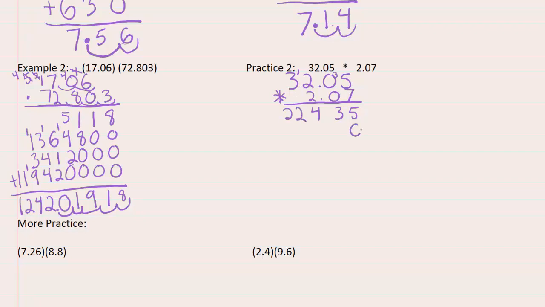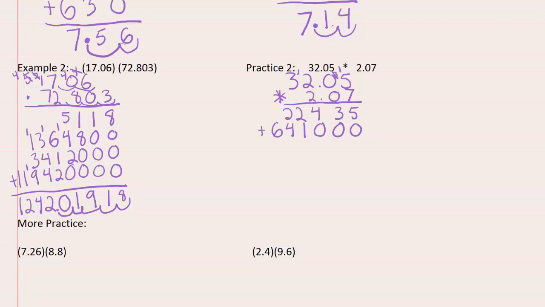Okay, then we'll have 0, another 0 placeholder, then we'll have 2 times 5 is 10, it'll give us 0, carry the 1. 2 times 0 is 0, plus 1 will give us 1, and 2 times 2 is 4, and 2 times 3 is 6.